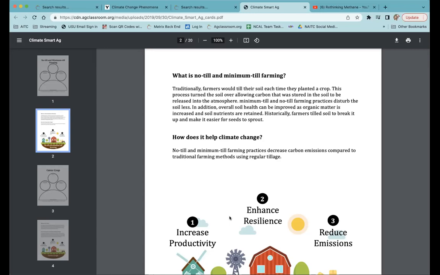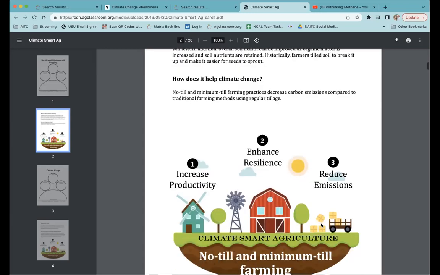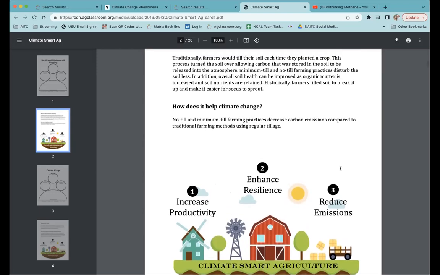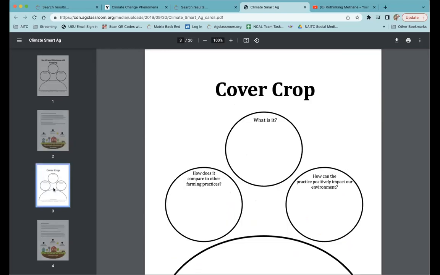So your students will read about it and then circle which climate smart practice, and sometimes there's more than one, and which goal it achieves. So this one would be reducing emissions. Another one that was mentioned is cover crops.